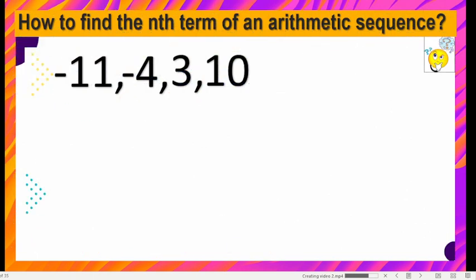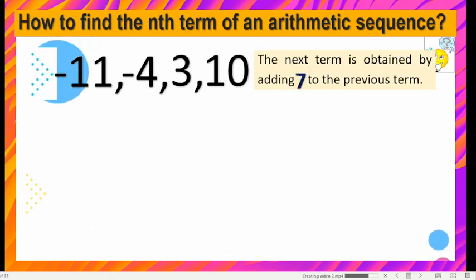There's another way of finding the nth term of a particular arithmetic sequence. Do you want to know? Okay, let us start. Now, always remember to identify the pattern from the given sequence, and that is adding 7 to the previous term.